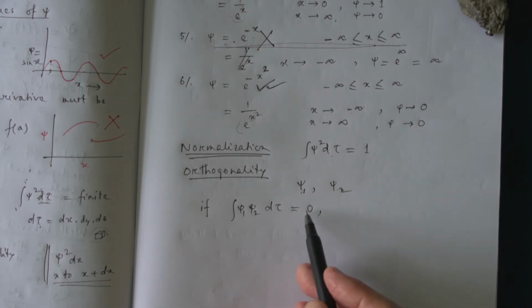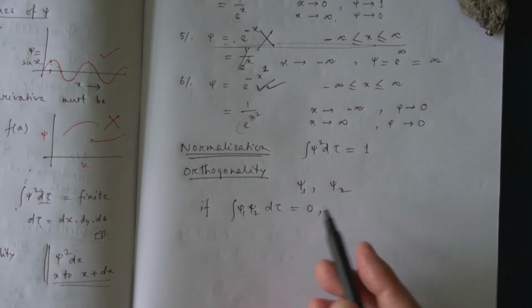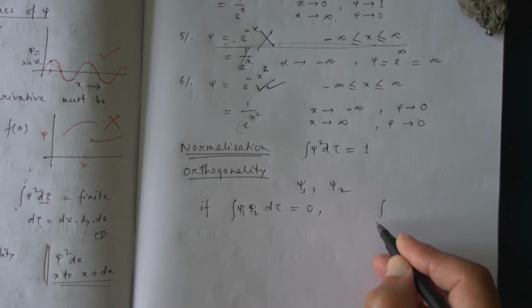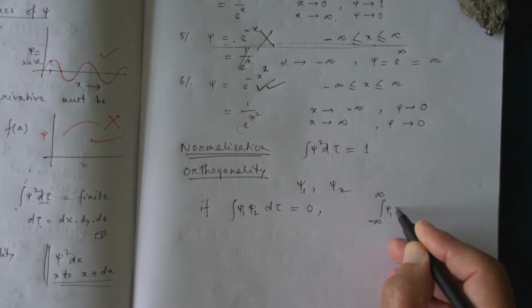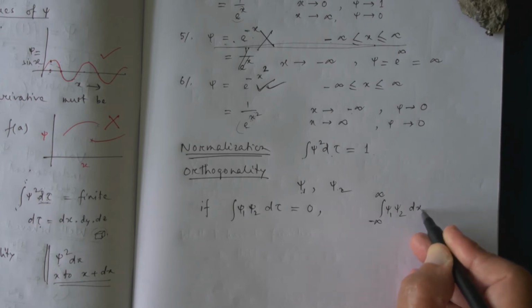This is in 3 dimensions. If I write it in 1 dimension, I can write it like this: the integral of psi 1 psi 2 dx equals 0.